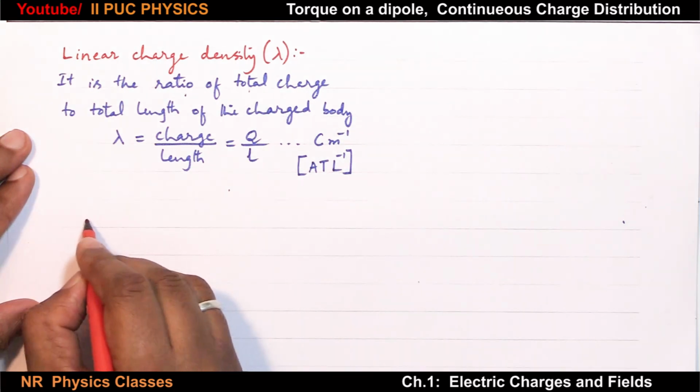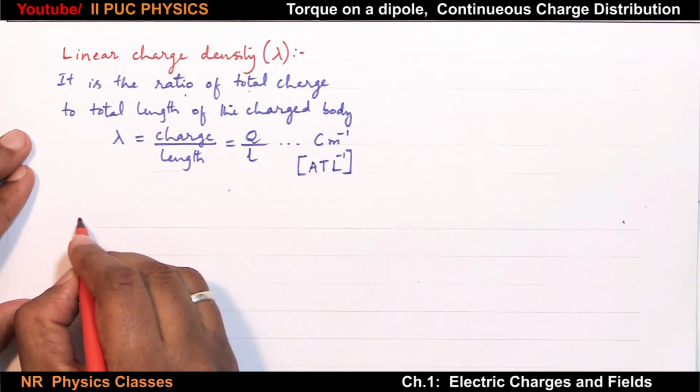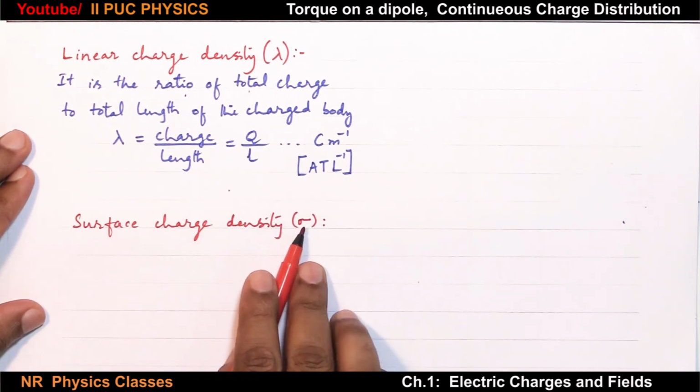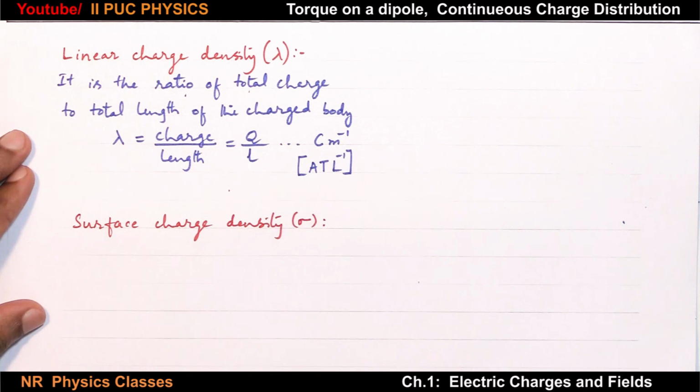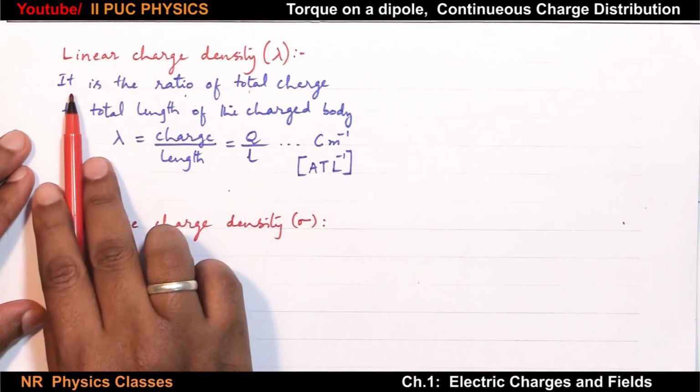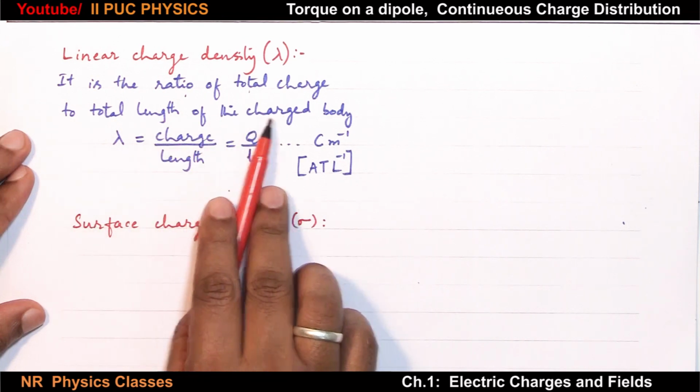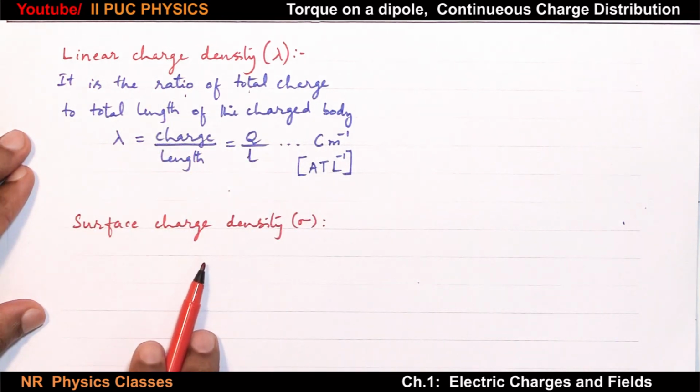Now second, surface charge density, denoted by sigma. Just like this, it is the ratio of total charge to total area of the charged body. Instead of length, we have to write area, isn't it?